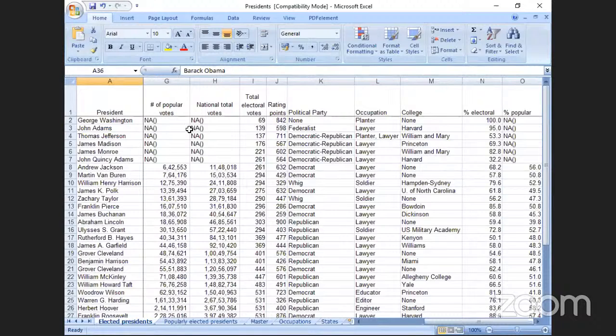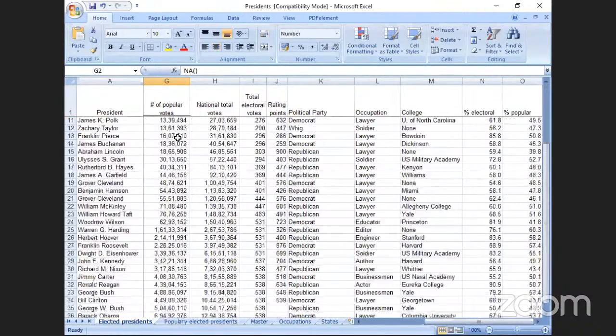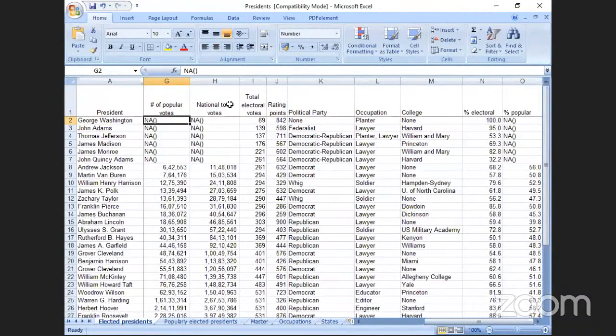It includes several parameters, like number of popular votes, meaning the total number of people who have cast their votes, national total votes, total electoral votes, rating points, which political party they belong to, what their occupation is, and if they have studied, in which college they studied, and the percentage of electoral and popular votes.